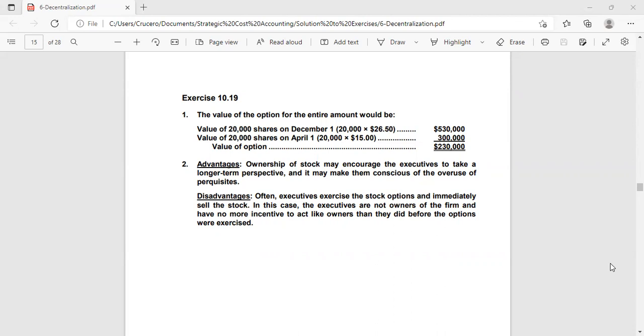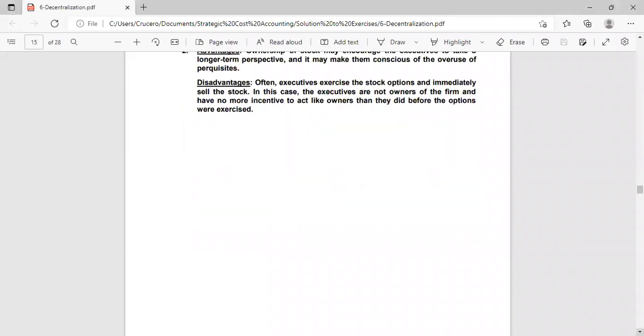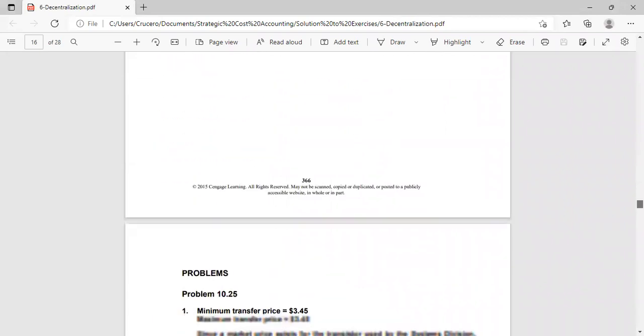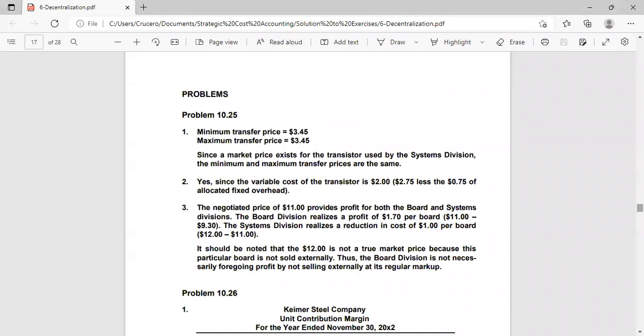Now we go to problem 6-25. I think this was added to your assignment. Problem 6-25 with regards to transfer pricing.